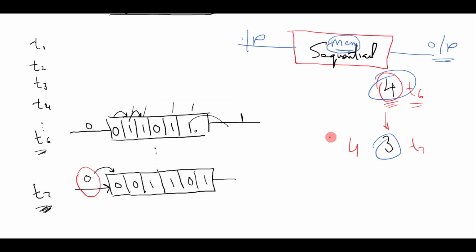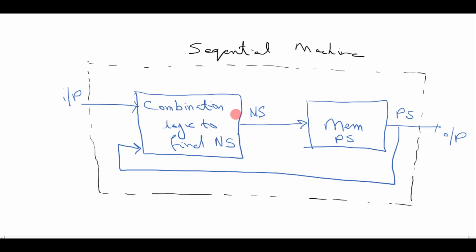As we have seen here, in order to calculate the next state, which was 3, when you applied 0, it used this input 0 and the previous state, which was 4. So there were two inputs to the combinational circuit, which are the present state and an input.